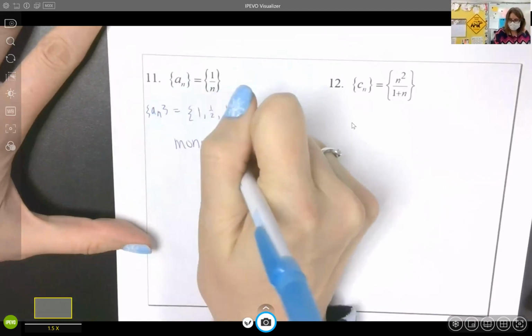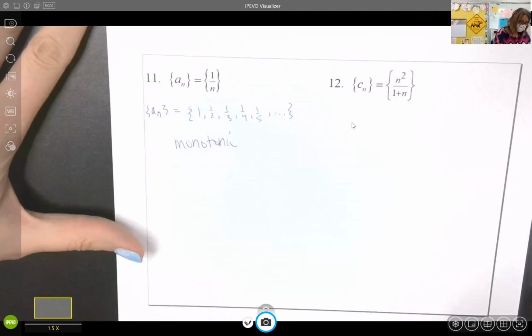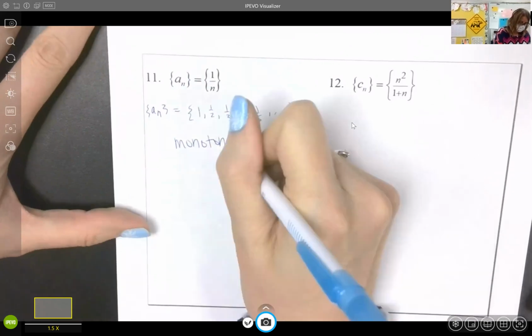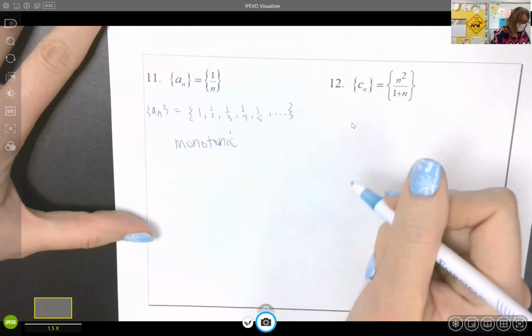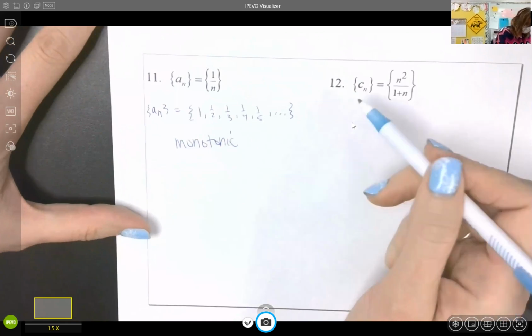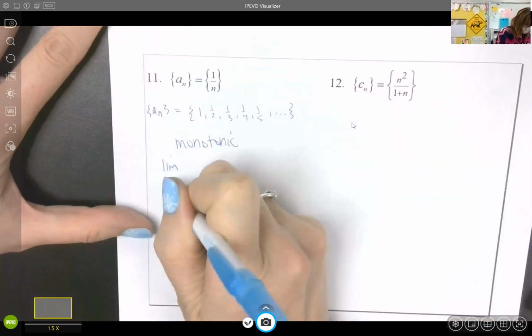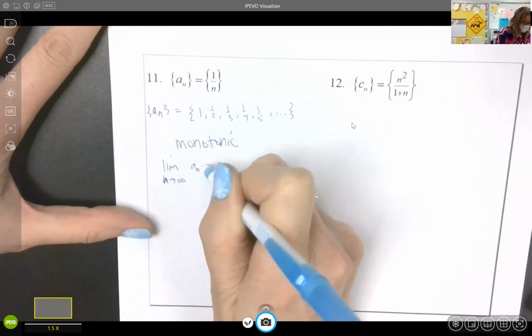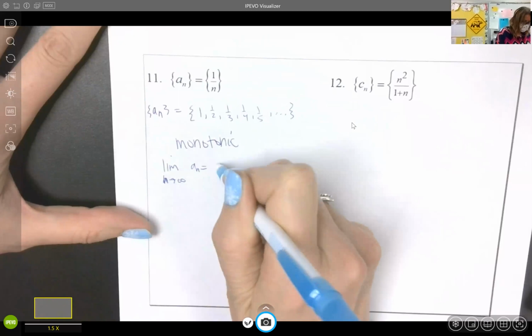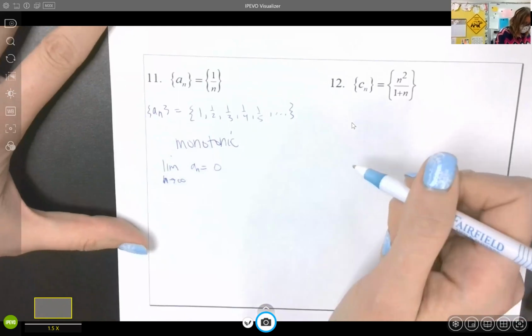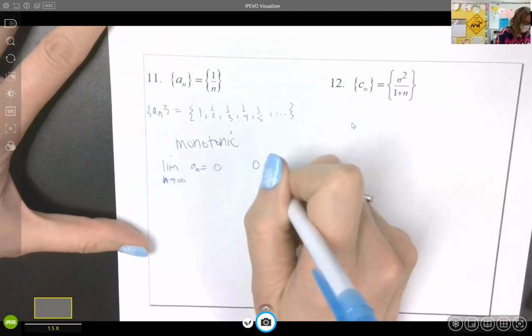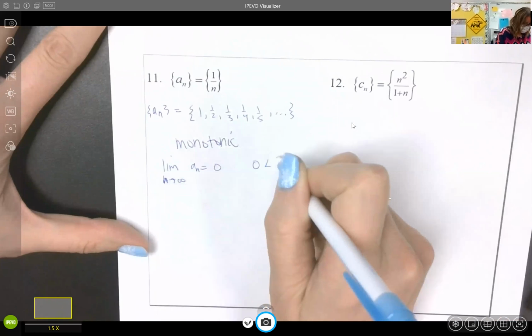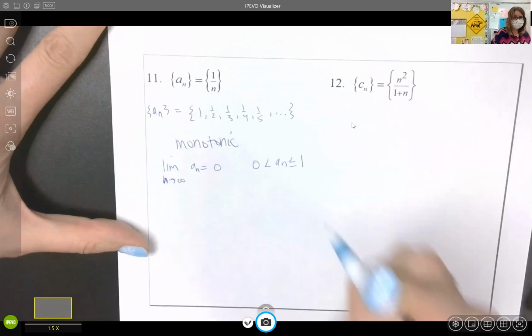Okay, and then is it bounded or unbounded? So what's the horizontal asymptote? So the limit as n approaches infinity is 0. And what's the highest it will ever go? So this is bounded between 0 and 1, right?